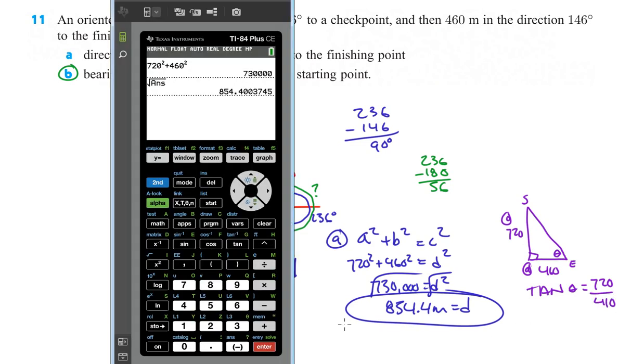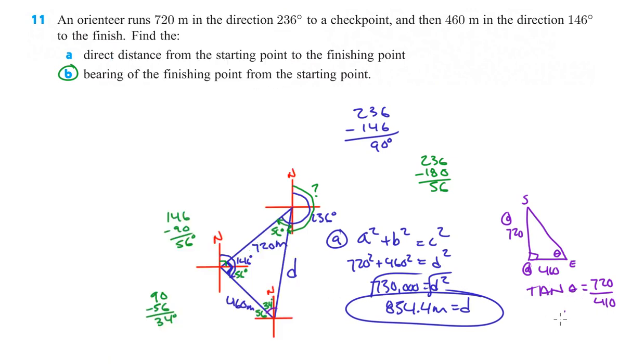We're looking for an angle, so we do inverse tangent of 720 divided by 410, which gives us 60.3, we'll call it. So this whole angle is 60.3 degrees.